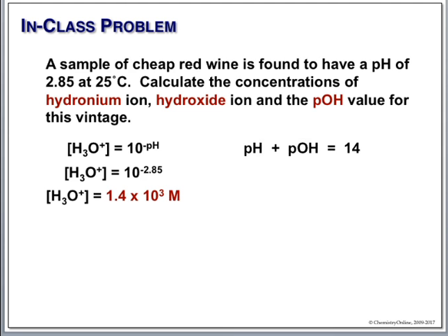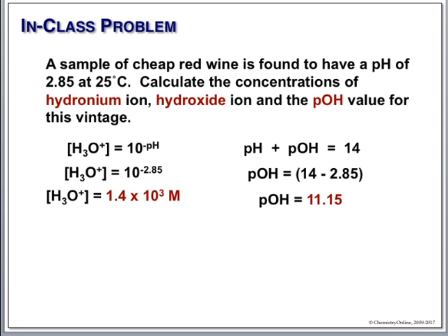Now, if we know our pH, and we know that pH and pOH is always 14, what do we do? We subtract. You don't even need a fancy calculator to do that. You can even do it in your head. 14 minus 2.85. Yep, about 11.15. And finally, to get hydroxide, what do we do? Well, we know hydronium.